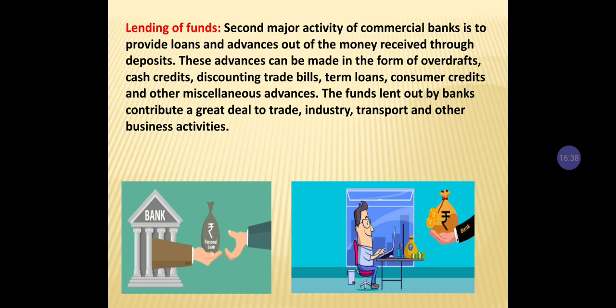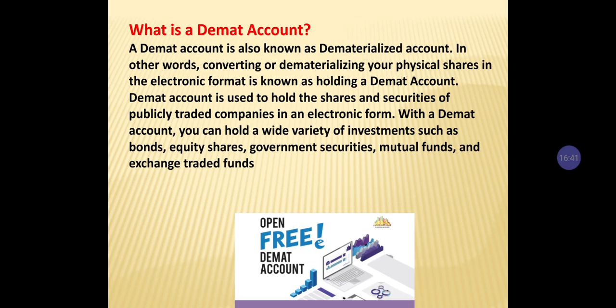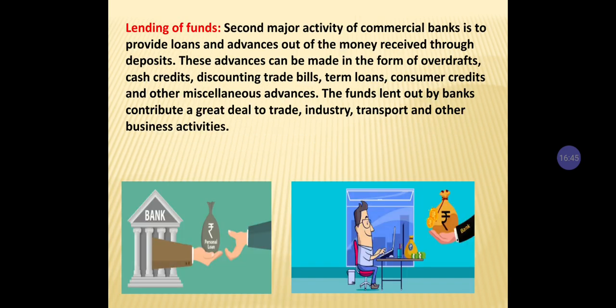Till now we have seen, in the acceptance of deposits, all the types of accounts. Next, second point, lending of funds. The second major activity of a commercial bank is to provide loans and advances out of the money received through deposits.